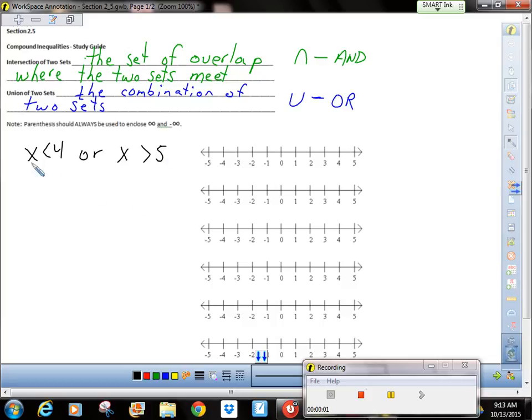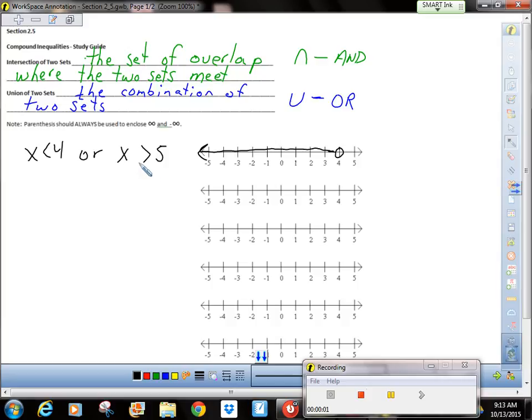Well, if I was going to graph this one first, what would I put for it? A circle or a dot? A circle. Okay. And since X is on the small part of the symbol, which way's the arrow going to go? Left.